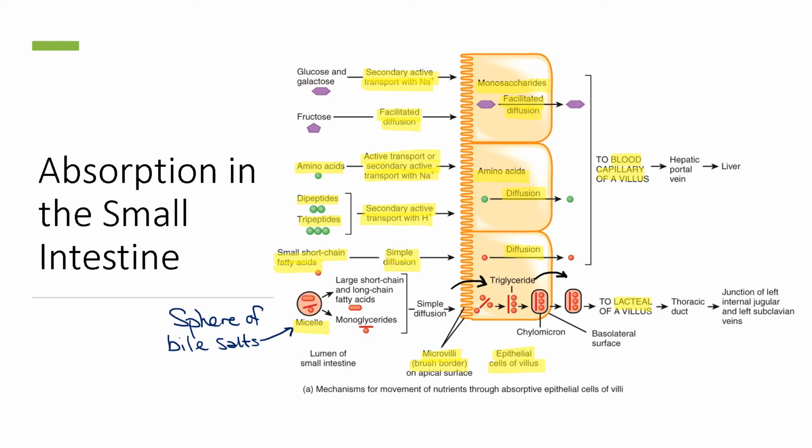Now, once formed, the micelles will move from the interior of the small intestinal lumen to the brush border of the absorptive cells. And they're going to cross into the absorptive cells just by simple diffusion. But they are only able to do this because of the micelle.